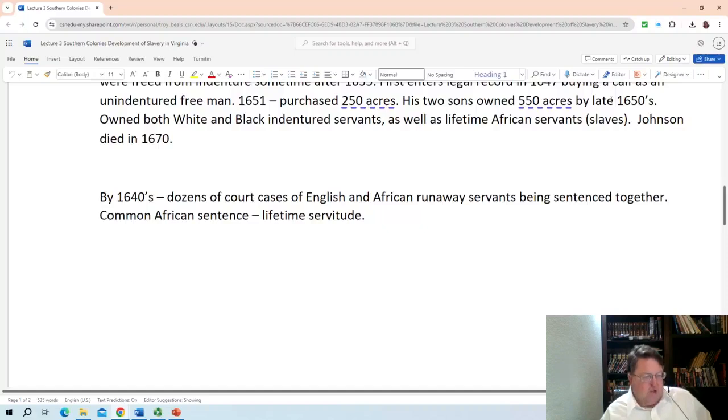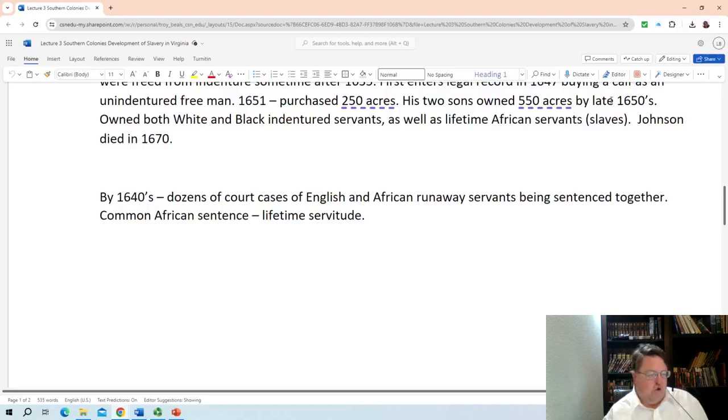What's interesting for historians is noticing when European indentured servants are sentenced for running away and when Africans are. It is invariably, with very little to no exceptions, when you study the court records of Virginia in the early 1600s, that European indentured servants are always sentenced to some more years, like 5 to 10 years. African indentured servants are almost always sentenced to lifetime servitude.